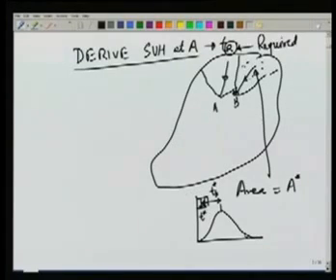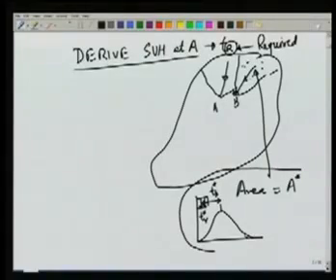Now this TR star is the duration of rainfall for this unit hydrograph, which has a time to peak of TP star. Now based on these data, what we now want is to obtain the coefficient CT.